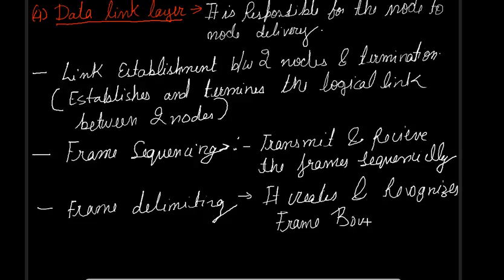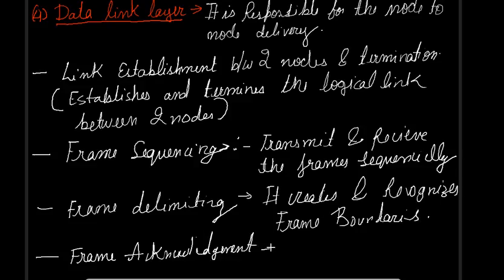Where does the frame end and where does the frame start? Its job is also frame acknowledgement, to provide and expect the frame acknowledgements. So these are the different functions that the data link layer does.